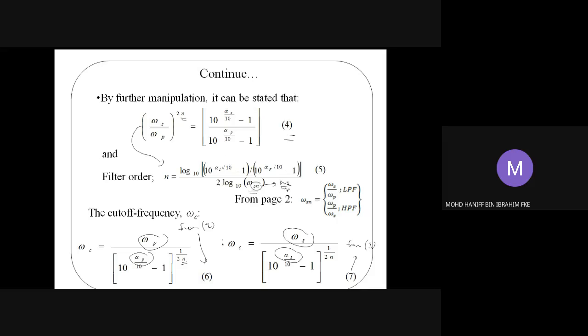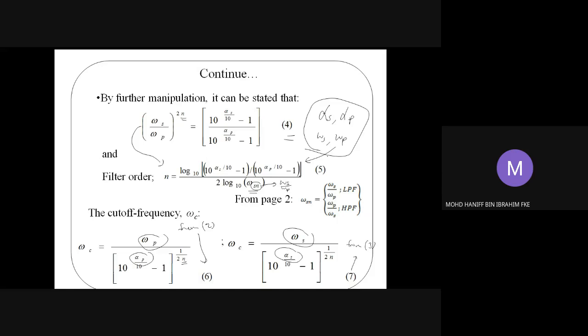You have to substitute all the information from the given specification: alpha s, alpha p, omega s, and omega p. You need these 4 pieces of information to calculate the filter order n. They will be given either in a numerical value or in a graphical form.